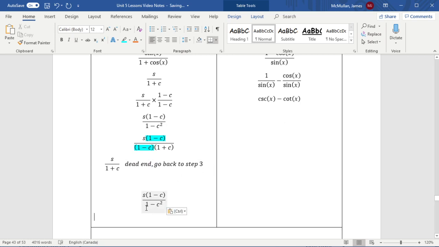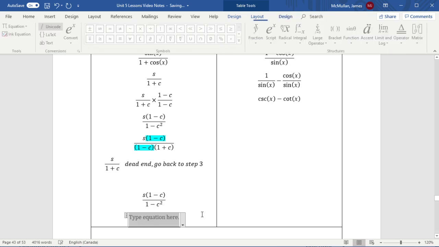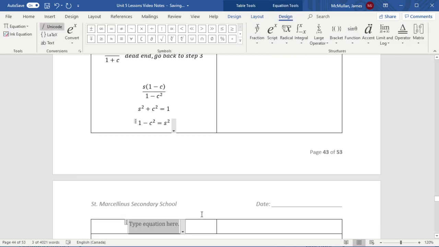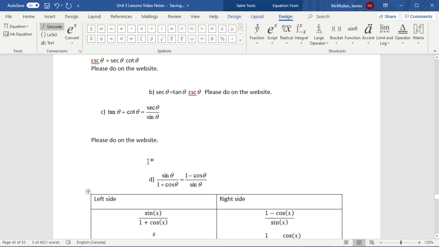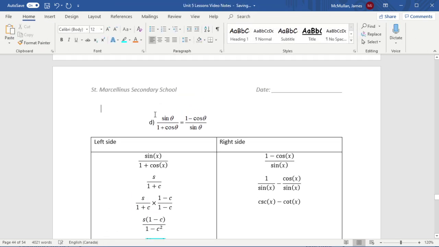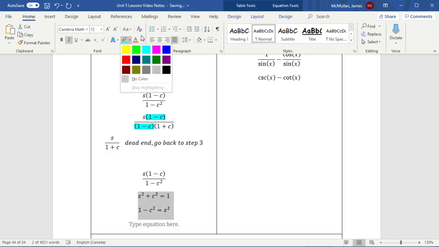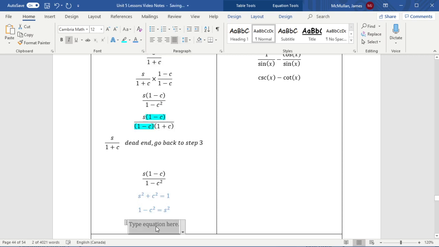Now, instead of saying 1 minus c squared on the bottom and canceling, I know that s squared plus c squared equals 1. Therefore, 1 minus c squared equals s squared, right? So what I could do here instead, trying to keep this on one page if I can, is, I know this is an identity, so let's just put it in a different color.